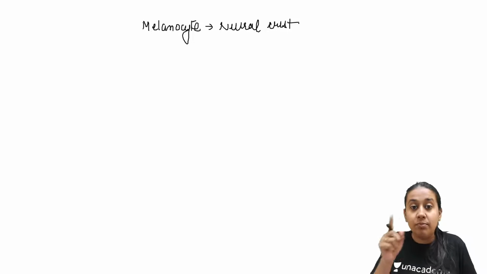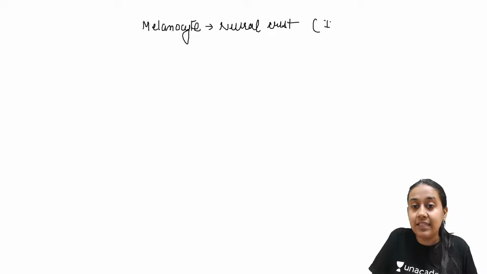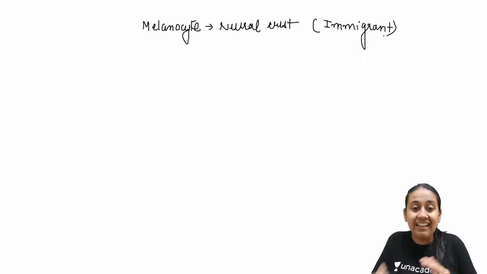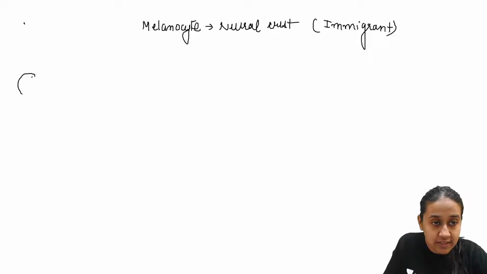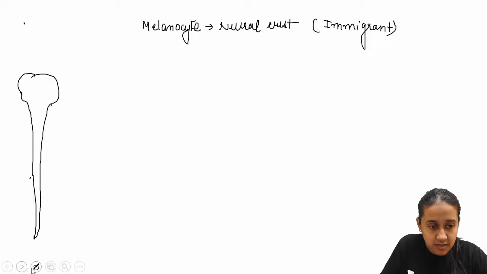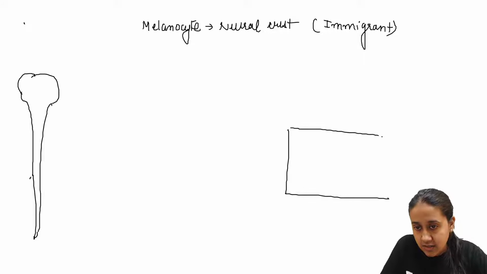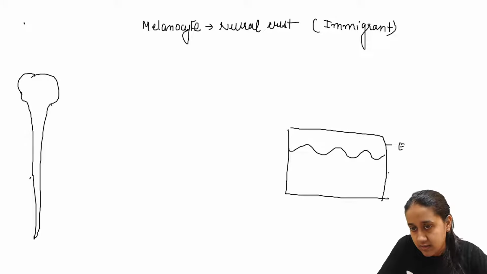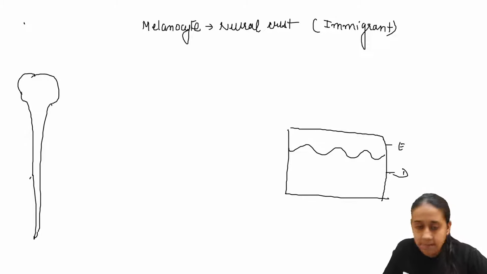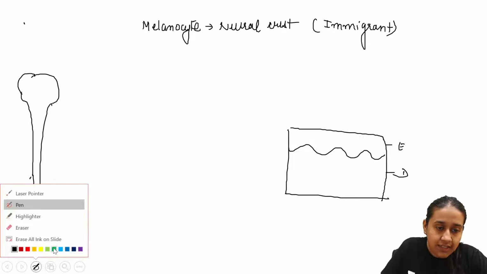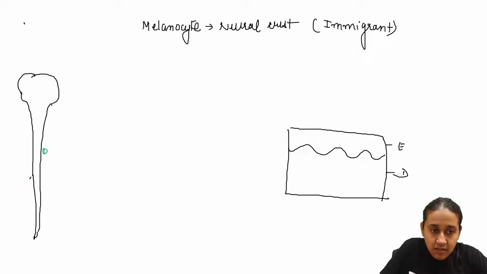Clear? So melanocyte is an immigrant cell which migrates from the neural crest up to the skin during the embryogenesis. ठीक है जी. Now, what are the precursor cells which migrate?